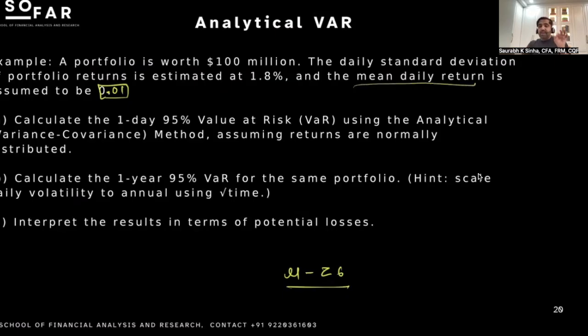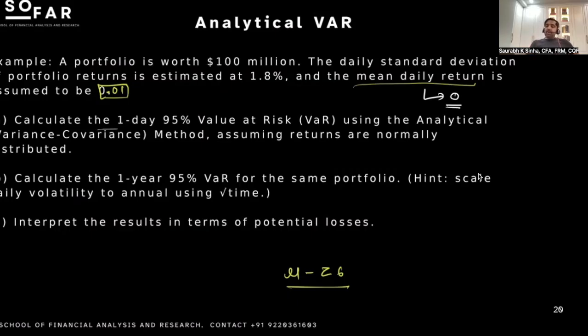The reason is, across the planet, across every financial firm, whoever generates the daily VaR number, whichever firm, whichever model, they assume the mean daily return to be 0. So if a firm XYZ gives you a daily VaR number, in their model the assumption is the mean daily return is 0. Everyone follow this? Okay. Therefore, most of the time in FRM GARP examination questions, they do not mention the mean daily return.